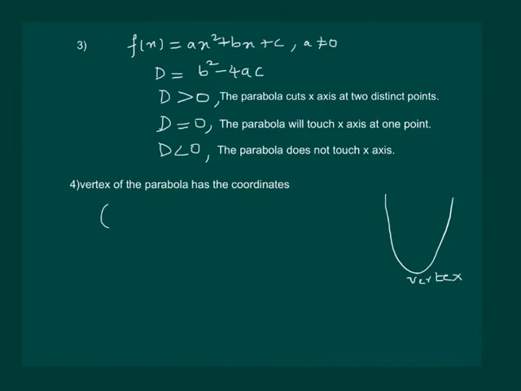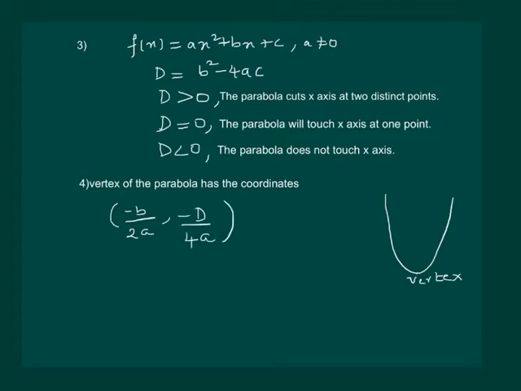The x coordinate of the vertex will be minus b by 2a and the y coordinate would be minus D by 4a. Both these results will be very useful while drawing a parabola.